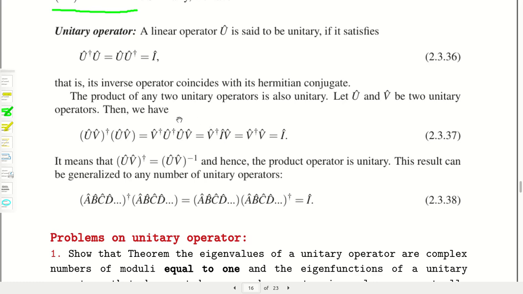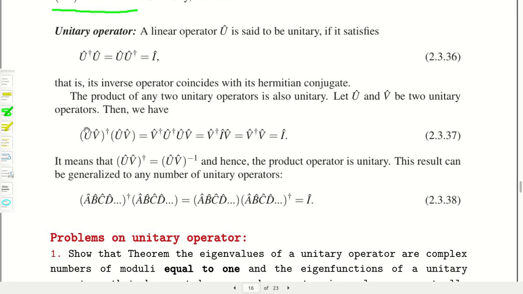And now see some properties. If U and V are two unitary operators, then their product is also unitary. You can prove it this way: UV whole dagger into UV, where UV whole dagger gives you V dagger into U dagger, and UV is there. So U dagger U will be I, so I into V will be again V. So V dagger into V is again I, because U and V are both unitary operators.